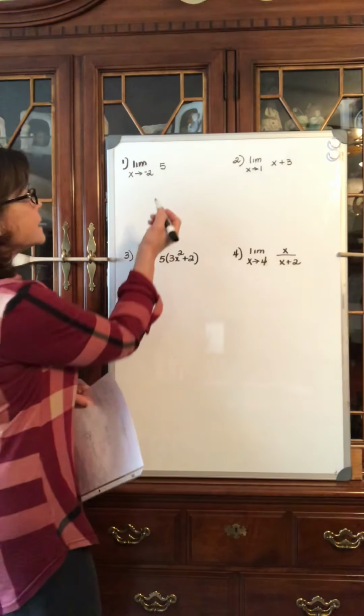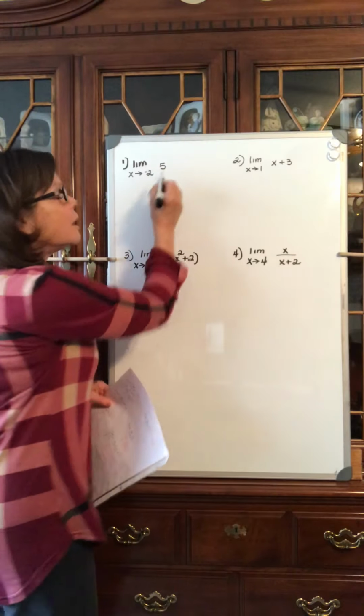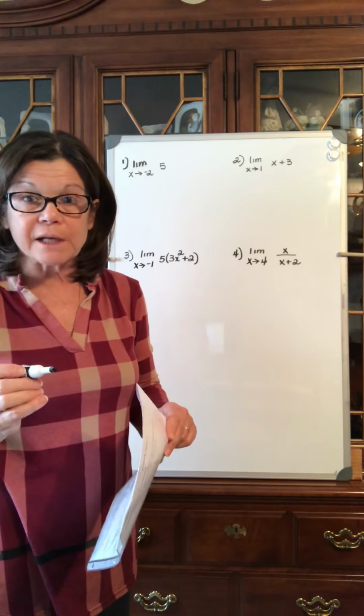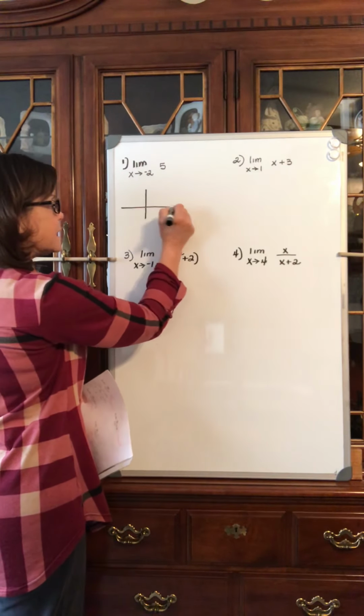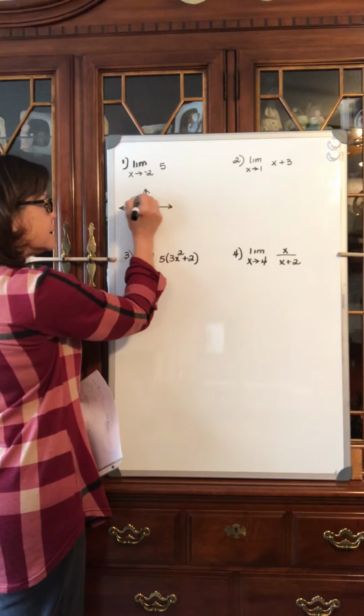Okay, so the first example is the limit as x is approaching -2 of the function of 5, which means y equals 5. So if you think about what the graph of y equals 5 looks like, y equals 5 is a horizontal line.